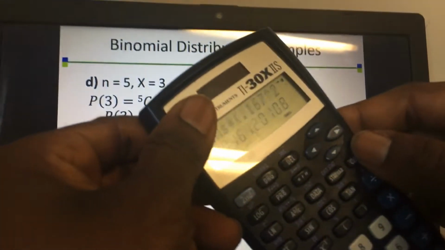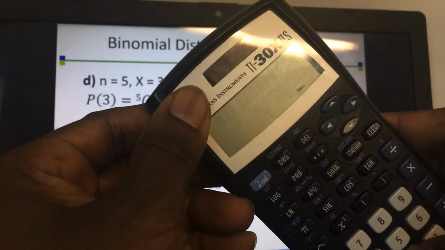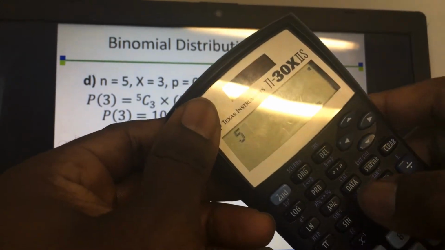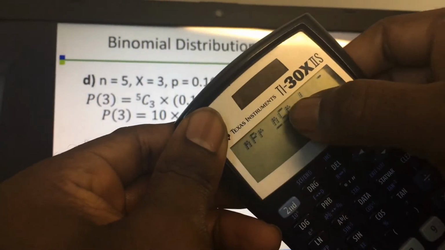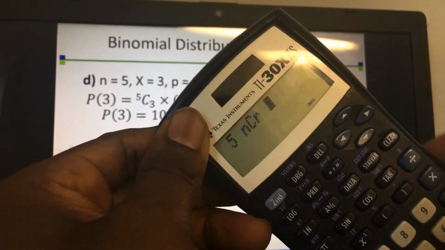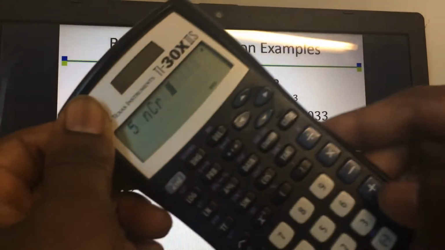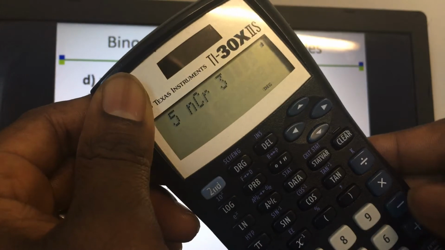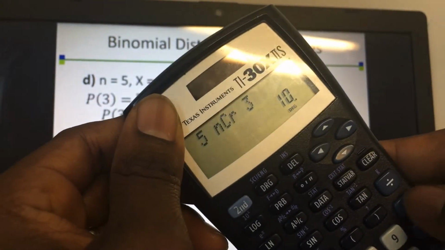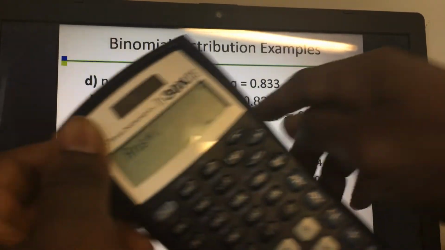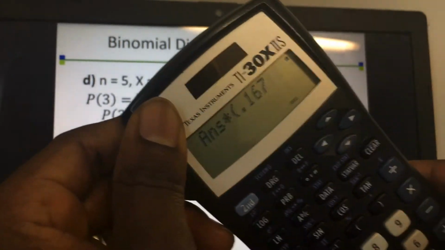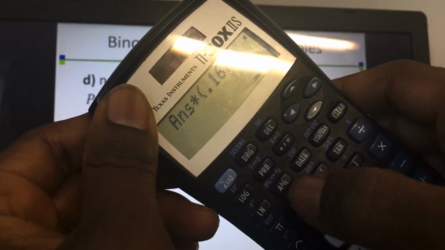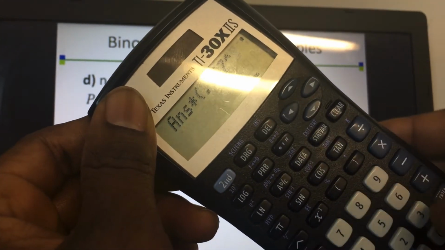So we have 5, PRB, you go to nCr, combination 3, equal, then times 0.167 raised to the power 3.